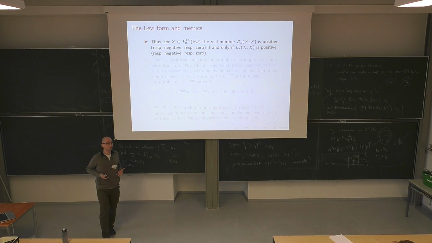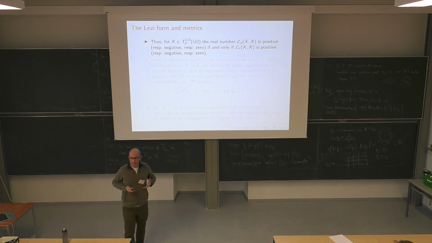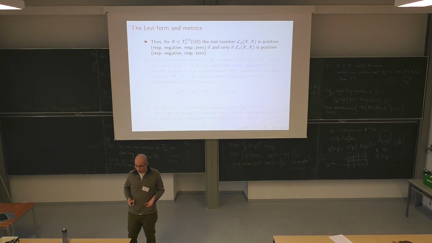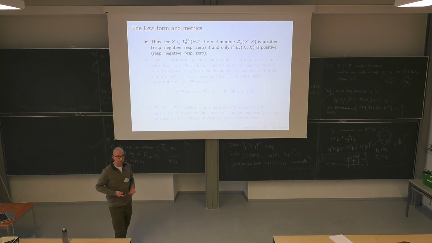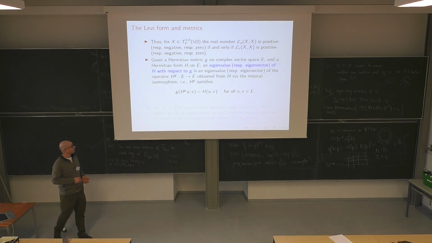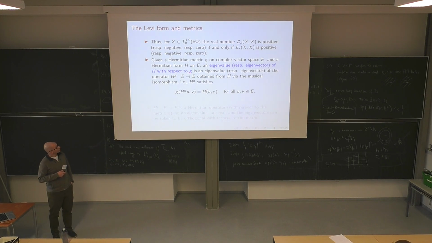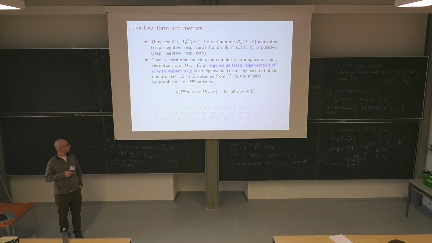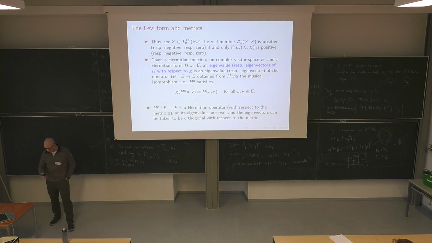This doesn't, however, tell us about eigenvectors and size of eigenvalues. If we want to talk about eigenvectors and eigenvalues of the Levi form, then, given a Hermitian metric g and a form H, we can use the musical isomorphism to write the Hermitian form in terms of the metric, and then H_g is a Hermitian operator.